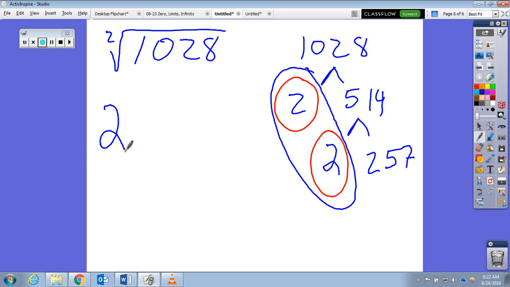What's left as the radicand is the number that couldn't break down any further, and that'd be 257. I circled a pair because the index is 2. If there were any larger index, like a 3, 4, 5, this couldn't be written any more simply because I couldn't take out a set of 2's.